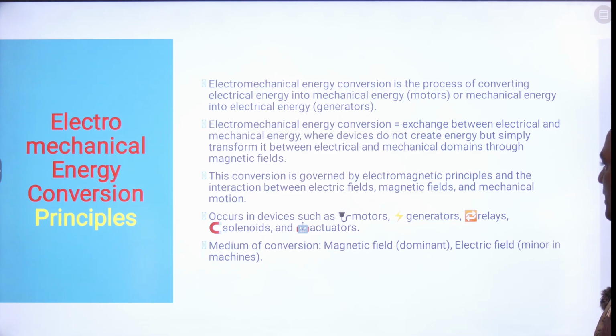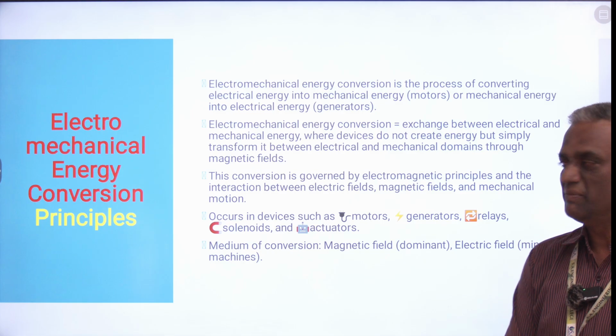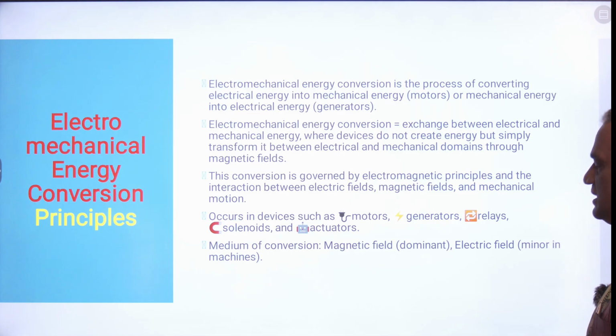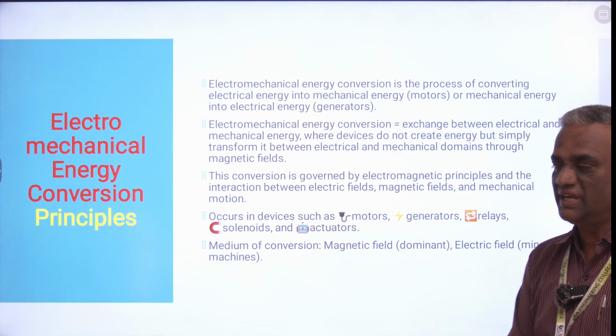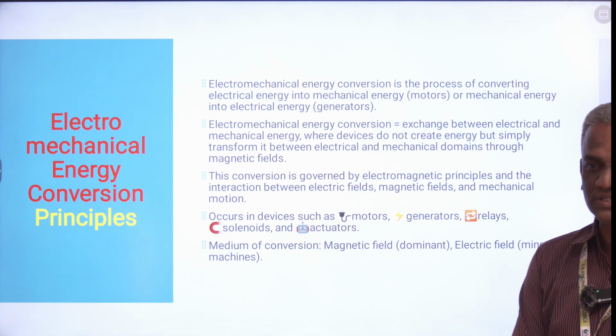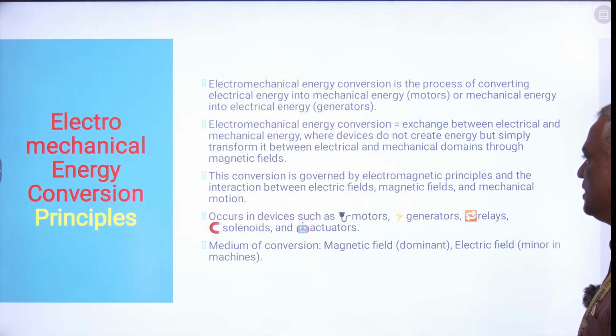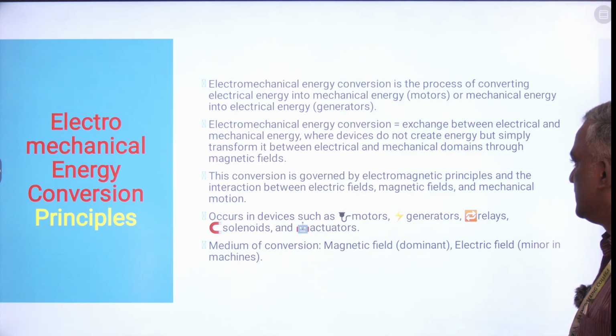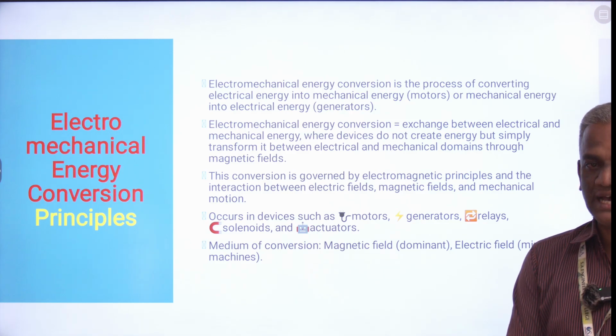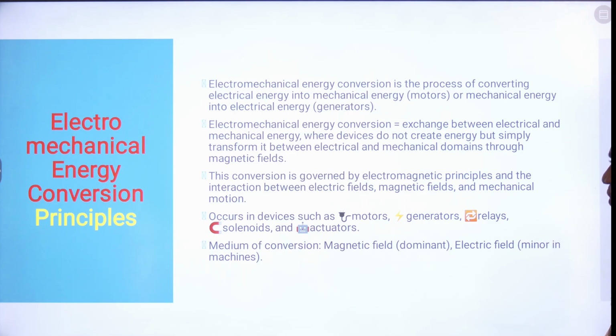In a nutshell, electromechanical energy conversion is nothing but the exchange of electrical and mechanical energy, where the device is not going to create the energy, but simply transfer it from one form to another, between the electrical and mechanical domains. This happens through a very important domain called the magnetic field domain.